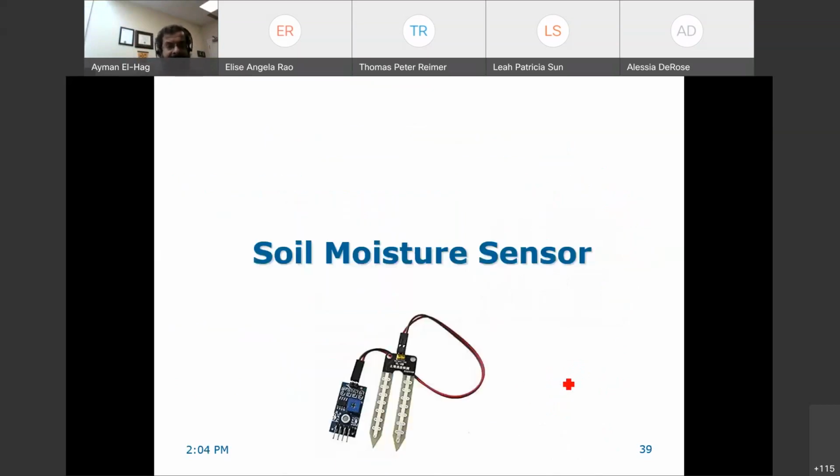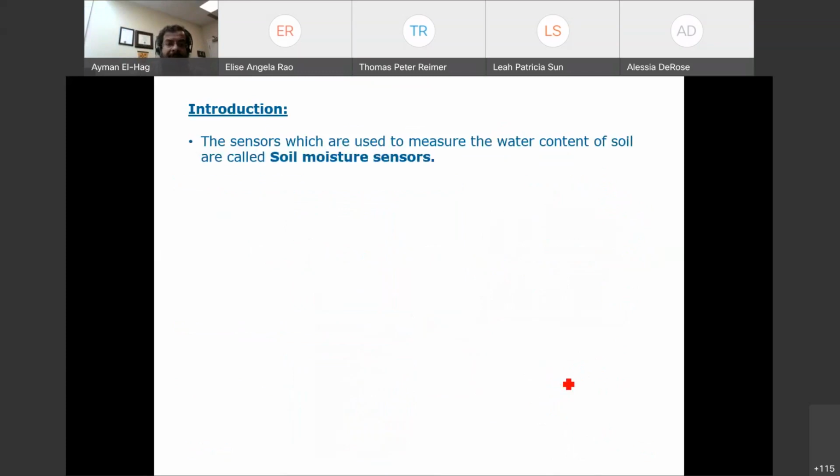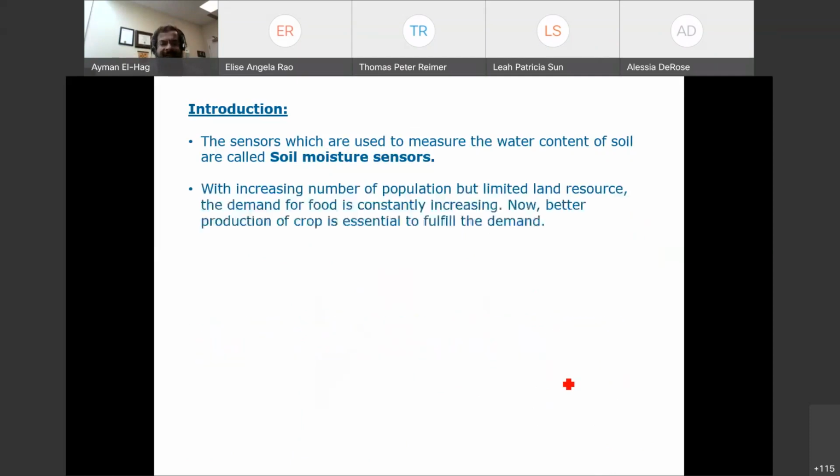Another important sensor, especially for environmental engineers, is the soil moisture sensor. These sensors are used to measure the water content in soil. So if you have a garden or a farm and you want to control how much water to give, as you know, we have scarcity of resources.